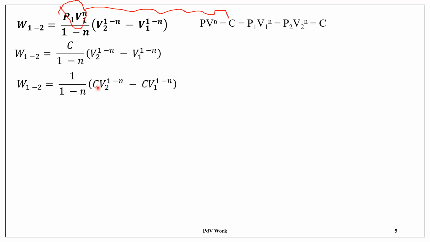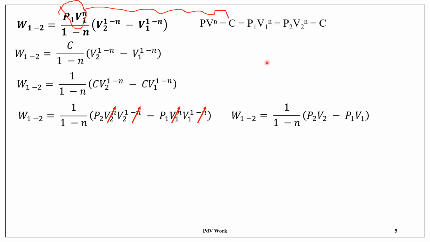Again, instead of C here, substitute P2 V2 power n, and instead of C nearer to V1 power n minus 1, substitute P1 V1 power n. Upon simplification, we can cancel V2 power n and V2 power minus n, V1 power n and V1 power minus n, which gives us the expression W12 is equal to 1 by 1 minus n times P2 V2 minus P1 V1.